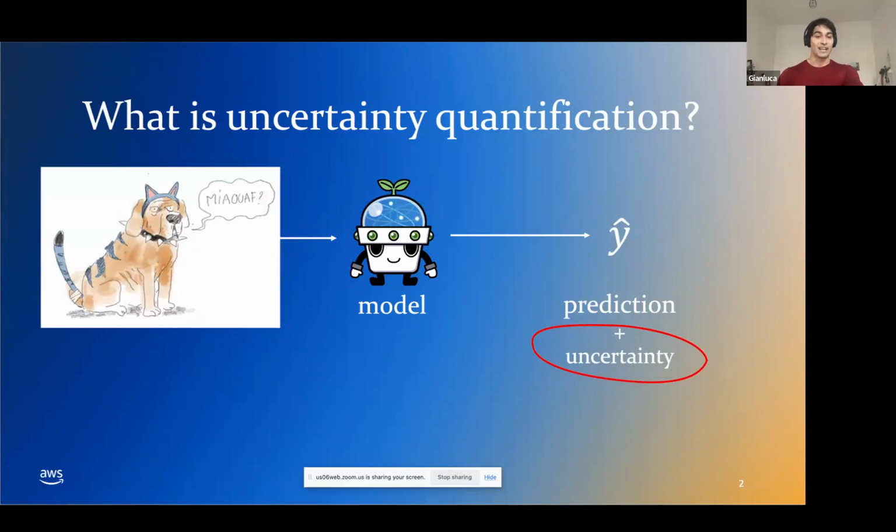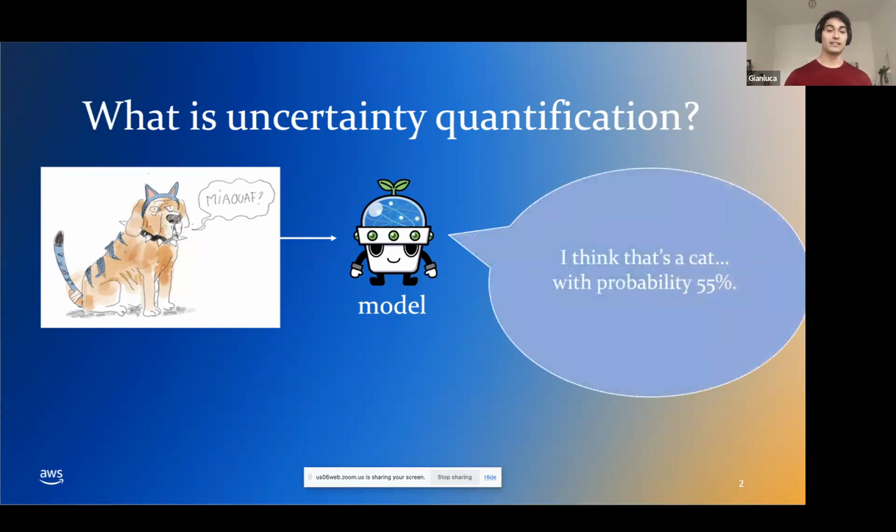Now let's make an example, okay? I've talked already about cats and dogs. Maybe the model has been trained on a classic data set of cats and dogs. And suppose that now it sees this sort of image, it's a dog that really wants to be a cat. So what should it predict? Well, the model is very confused, and maybe it tells you something like, oh, I think this image is a cat.